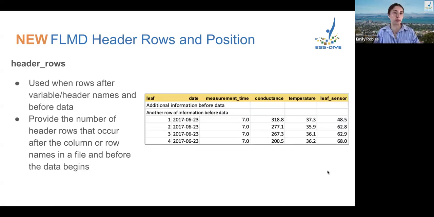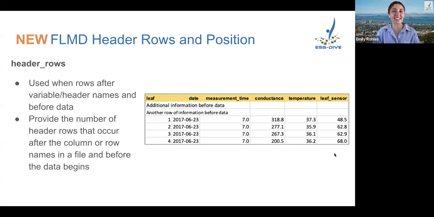So what we're proposing is a header rows variable to be used when there are rows after the variable or header names, but before data begins, providing the number of header rows that occur after those column or row names in a file.